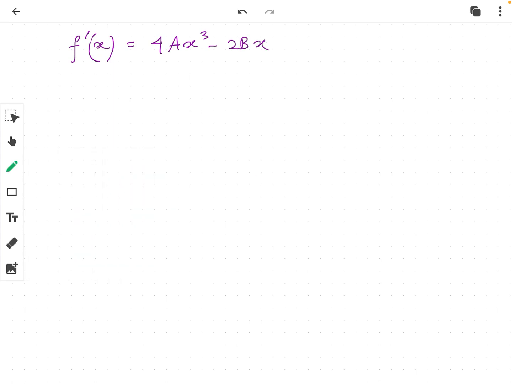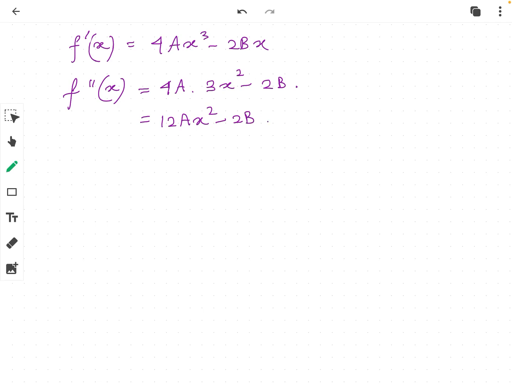Now let us take the second derivative. So this is 4a, that is constant, times 3x squared minus 2b, right, because derivative of x is 1. So now we have found the double derivative of f(x), that is 12ax squared minus 2b.